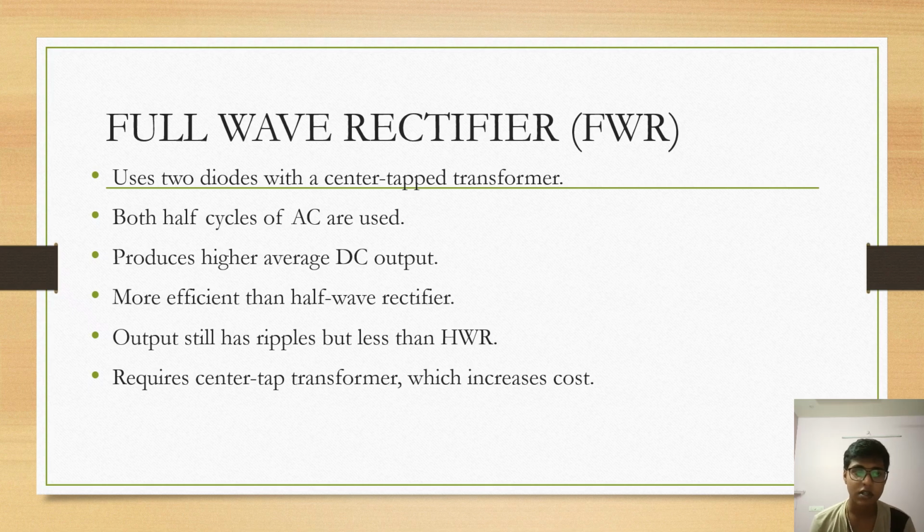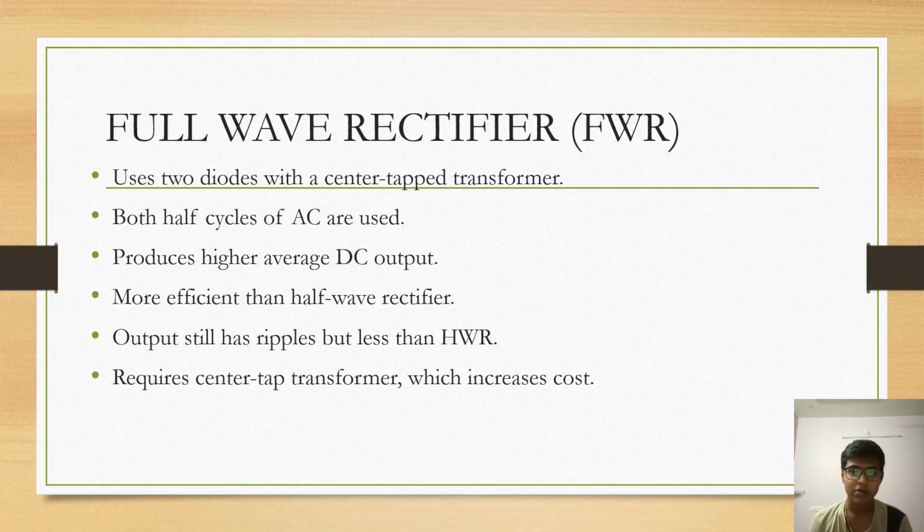Full wave rectifier uses two diodes with a center tap transformer. Both half cycles of AC are used. It produces a higher average DC output and is more efficient than the half wave rectifier. The output still has ripples but fewer than the half wave rectifier.